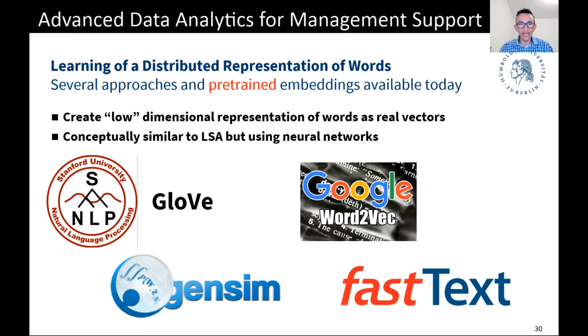This works like a hash table. And therefore, we can use pre-trained embeddings that Stanford and Google and Facebook and others have trained for us and made available, and use these embeddings to represent the words we have in our data, which I believe is quite interesting. So let's examine that in some more detail.